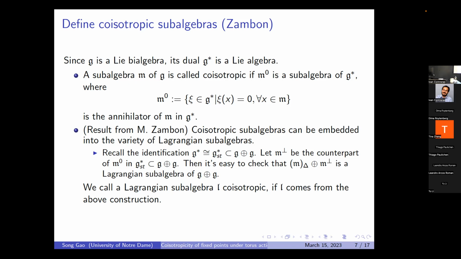We use M perp as the counterpart of M naught, which is the annihilator in G star. One can check that this direct sum is a Lagrangian subalgebra of G plus G. So starting from a coisotropic subalgebra M, one can form a Lagrangian subalgebra, which is M diagonal plus M perp. And we call a Lagrangian subalgebra L coisotropic if L comes from this way.